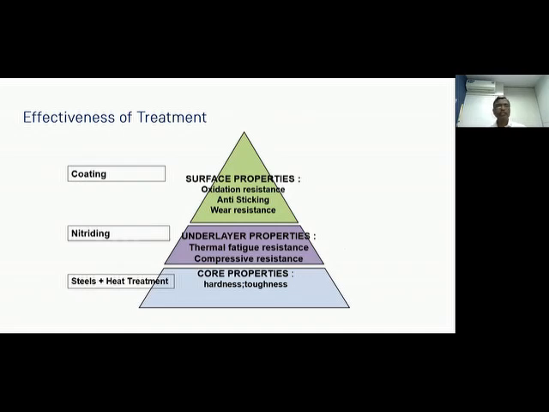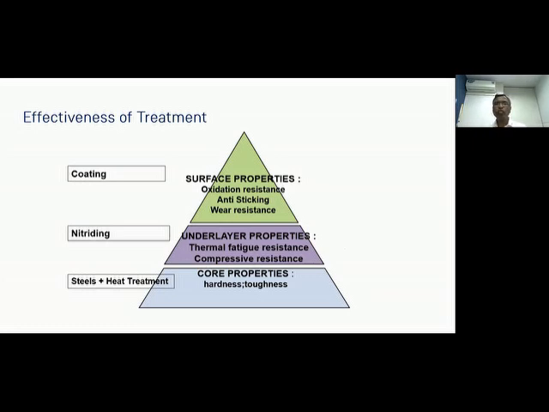So lastly, as I have explained, these CVD and PVD coatings have their own limitations and advantages, and with PVD coatings, we can achieve miracles with very good quality as well as cost efficiency.